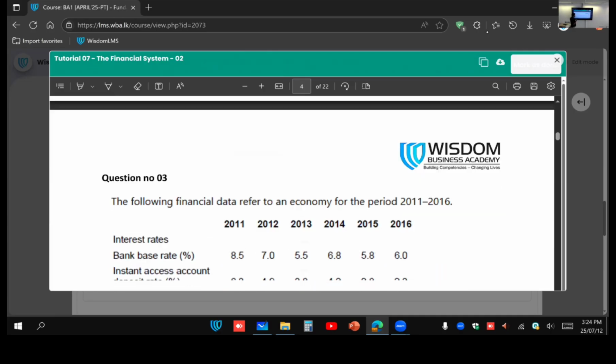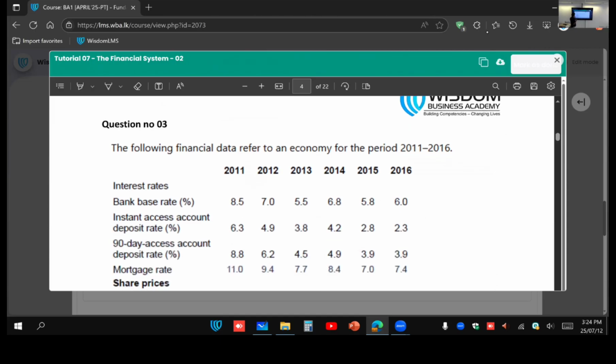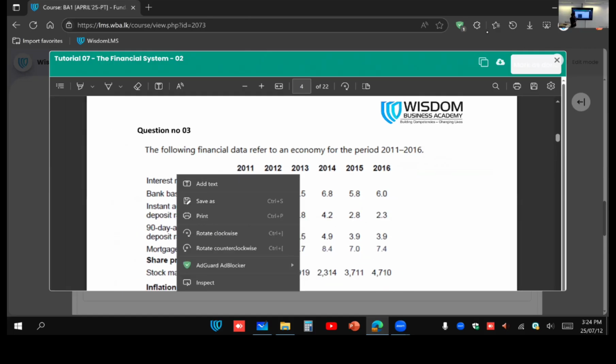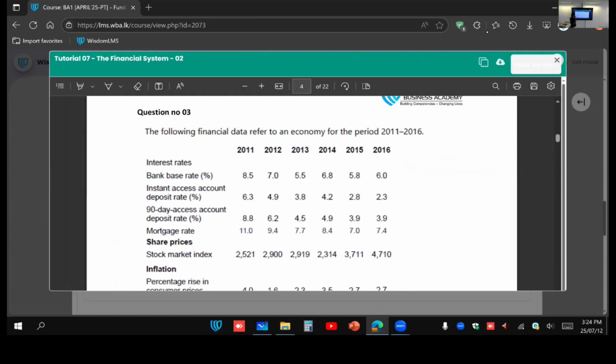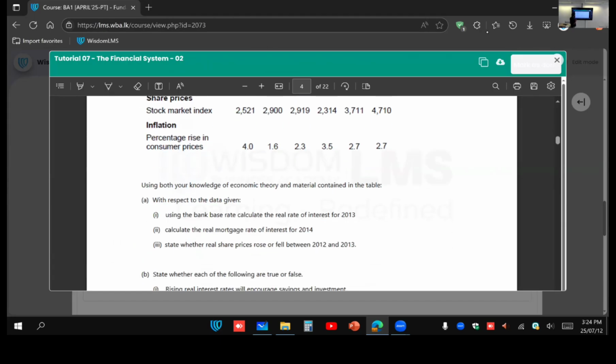The following financial data refer to an economy for the period of 2011 to 2016. So you have been given the interest rates, bank base rates, and all the share prices, inflation, and everything. Using your knowledge of economic theory and the material contained in the table, calculate the real rate of interest using the bank base rate.